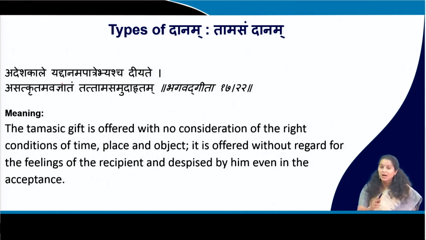Apatre, to one who is not worthy of that, whatever gift you're giving or danam you're doing. Asat kritam: that which is not doing any good either. Avajñatam: that which is also not recognized.